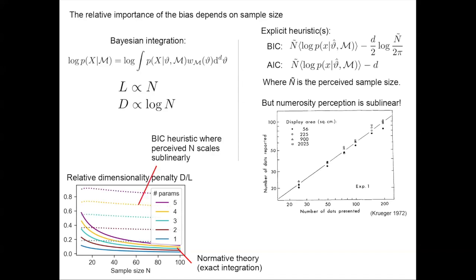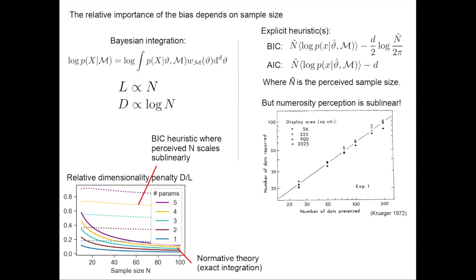Right. And the idea is that, of course, if instead of plugging in the true value of n, you plug in some sublinear function of the true value of n, the relative importance of your bias will also change, right? Because it matters if this is n and that's log n, right? Here is just an example with one particular choice of scaling for this heuristic.